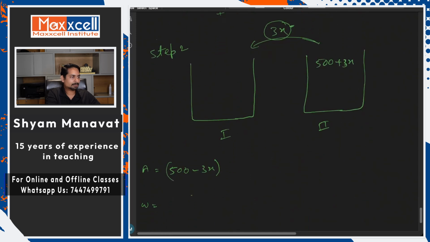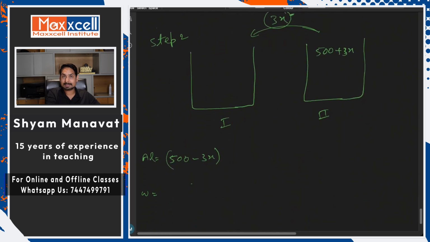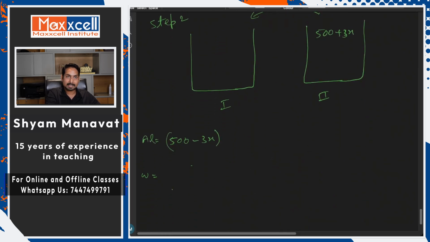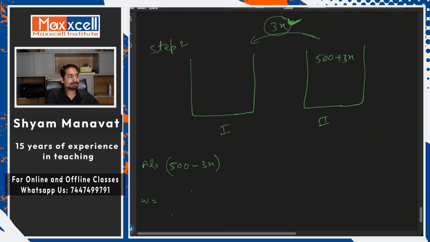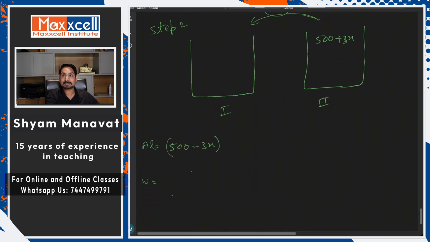So we might as well only focus on the water in the first container now. Are you following me? Earlier, was there any amount of water after the first step in the first container? No, it was only alcohol, right? So whatever portion comes with this 3x as water, that is the amount of water you will have in the first container now.